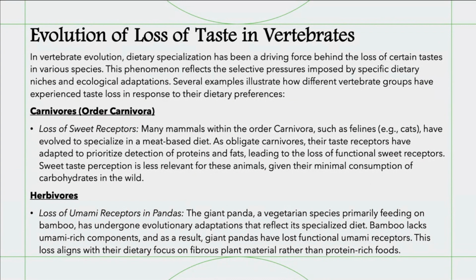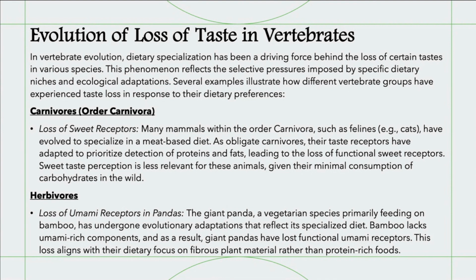Now, the evolution of loss of taste in vertebrates. Over time, some vertebrates have lost certain taste buds. The carnivores have lost the sweet receptors. The reason for this is that they're not really eating sweet things. They're more so eating umami, meat-based diets. Because of this, they don't really need the sweet receptors because there's no sweet food that they're actually eating.